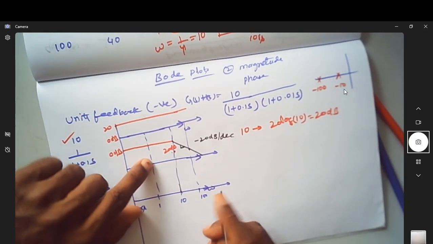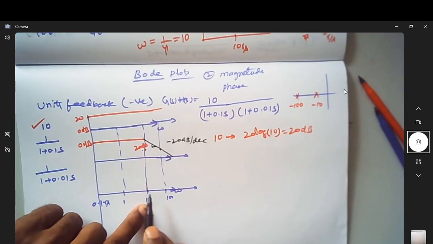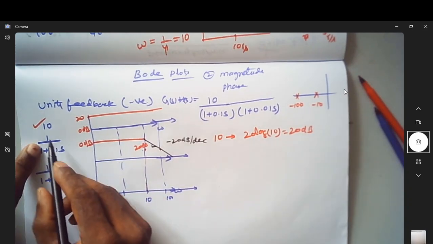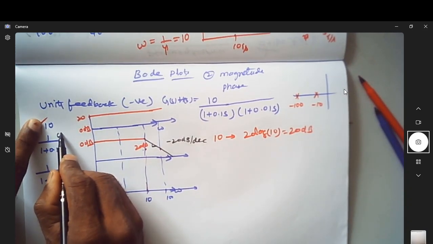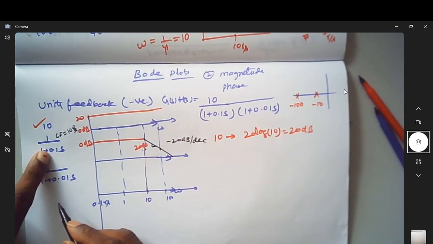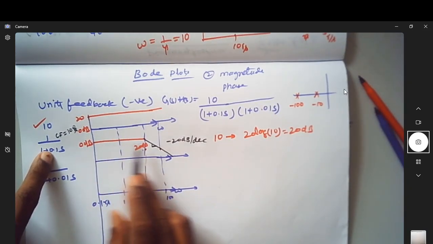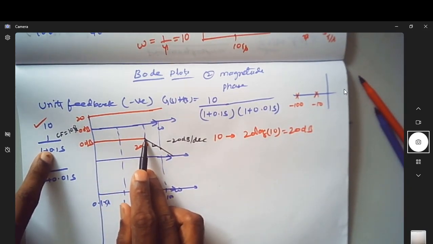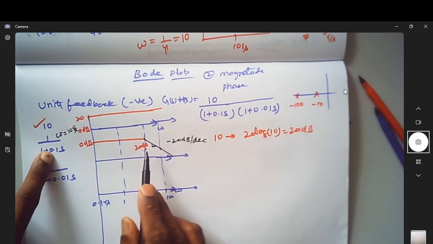Let me again repeat. Wherever the cutoff frequency comes, for this the cutoff frequency is 10 radian per second, which is 1 over tau. So from this point come down by 20 dB, and go by 1 decade.